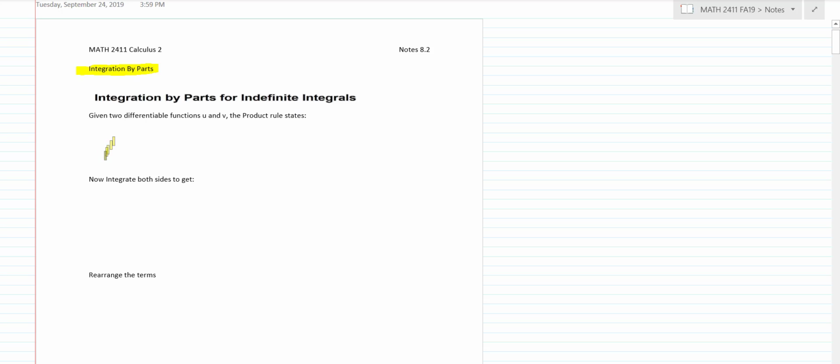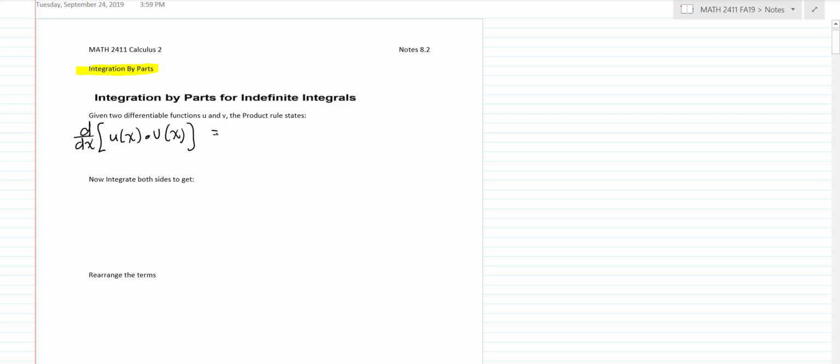To begin with, let's just write down that we're going to be doing the derivative of two functions, u and v. We're going to use u and v as our two functions. So we're going to do the derivative of u of x multiplied by v of x. Now, we already know that's the product rule.